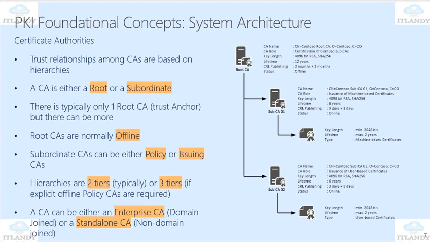Some of the basic examples you can see on the right hand side. We got the root CA. What do we have there? We have the CA name, role, key length supporting this deployment, lifetime, and the CRL publishing, and the status, either offline or online. But we mentioned earlier, CA will be offline.